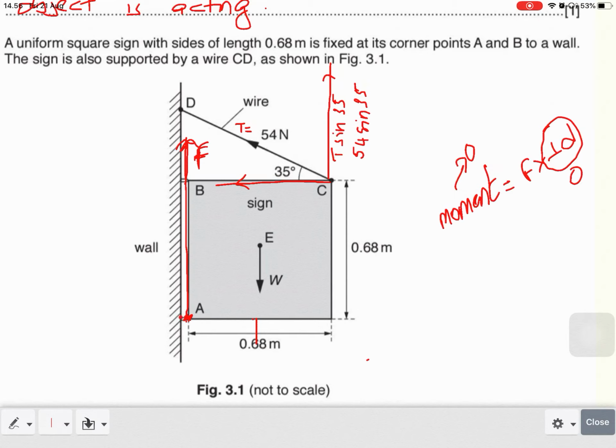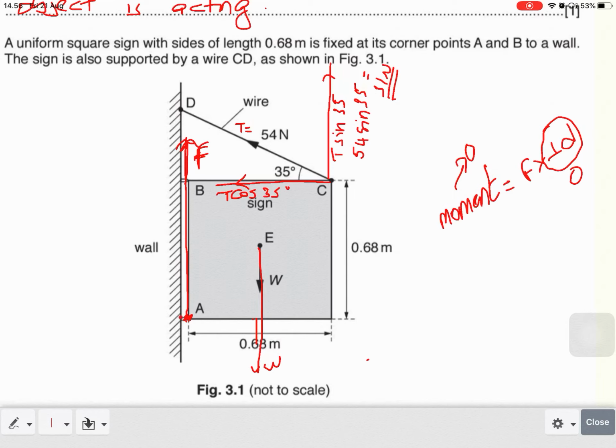How many forces are acting on the signboard? One force is a weight downwards, and then vertically upwards, which we just calculated as 31 newtons, and then this one, which will be T cos 35 degrees.